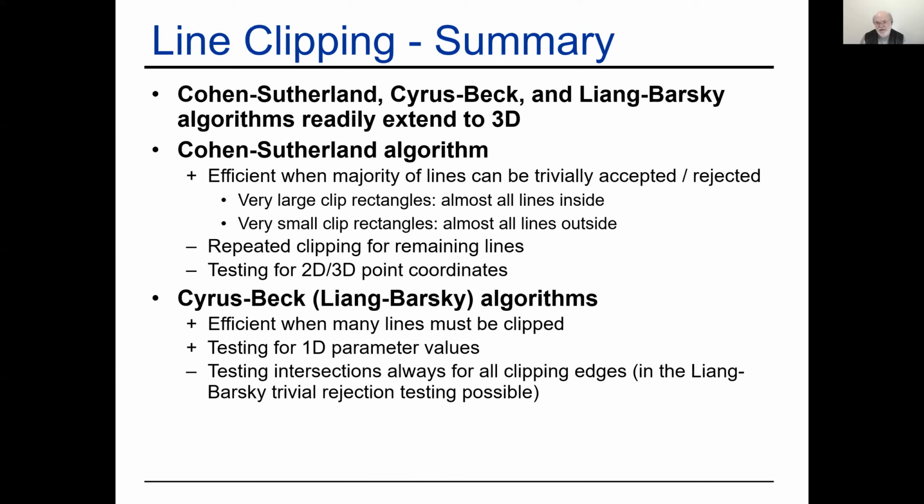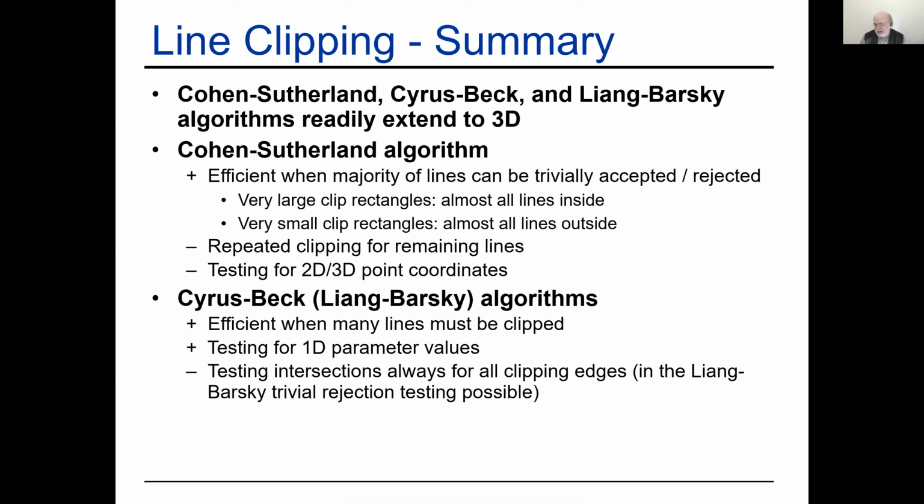In the Cohen-Sutherland case, you can simply add two more bits for the near and the far plane, and things are fine as long as you're clipping against an axis-aligned rectangle, which you can do after you've done your perspective projection and divided by W. Then you clip against the 0 to 1 range of the normalized device coordinates, so you can do your clipping with respect to the near and far plane there.